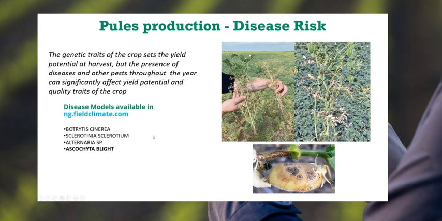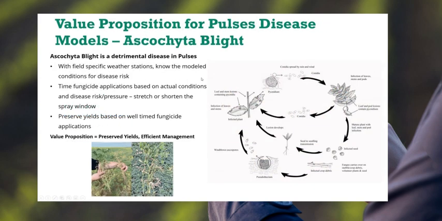Today we focus on Ascochyta. As we know, the yield potential is set by the genetic traits of the crop, but that's mitigated, of course, by factors throughout the year, such as pests, diseases, and field management practices. So the value proposition for pulse disease models in FieldClimate is a strong one.